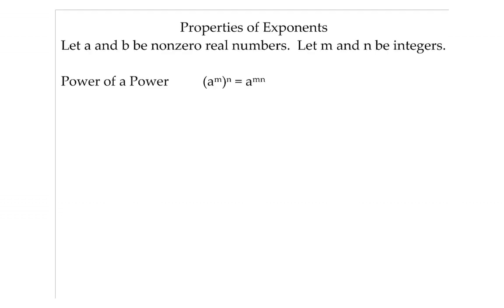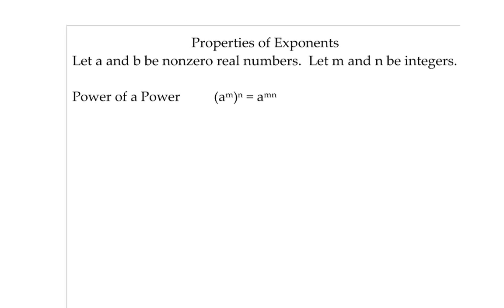The third property is power of a power, which says when we are taking something and raising it to a power, we actually go ahead and multiply the two powers. Example would be something to the effect of a to the third raised to the second. We multiply 3 times 2, we get 6.